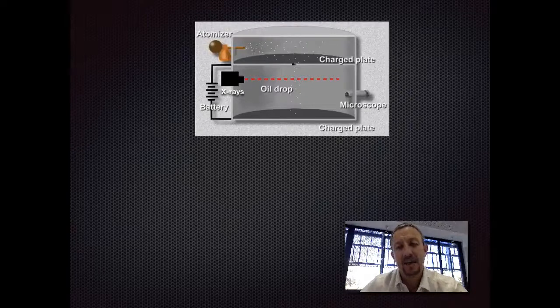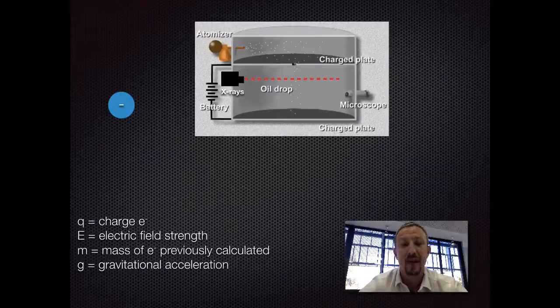By applying the positive charge to the top plate and putting electrons on the bottom plate, Millikan was able to move the oil drop upwards. The oil drop would normally fall due to gravity. So, as you can see on the left-hand side, if we've added electrons onto the oil drop, making it negatively charged, the first thing that would happen is that it would drop due to gravity.